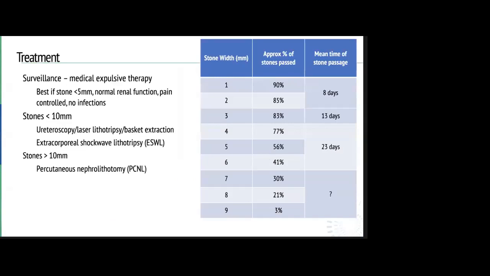And in terms of the medical expulsive therapy that we talked about before, it really depends on the location of the stone and the size of the stone. So again, you can see over here, the smaller stones tend to have above 70% passage within a week or two. But as it gets closer and closer to that 1 centimeter mark, that rate of passage drops and the length of time increases.